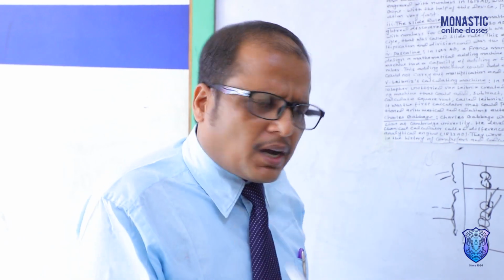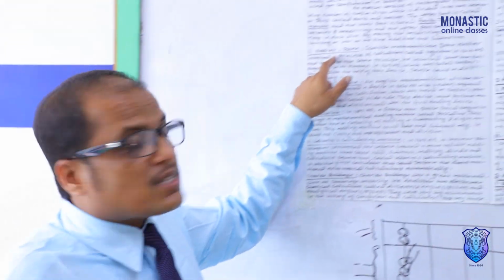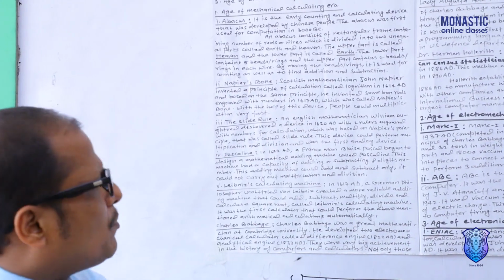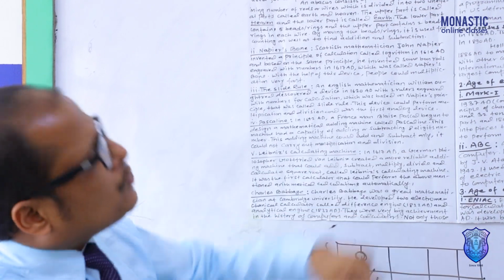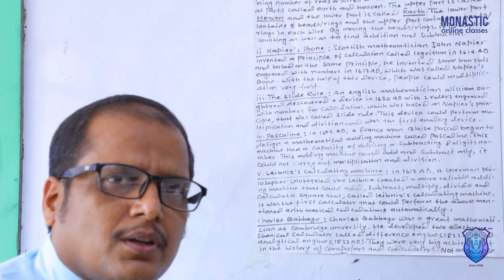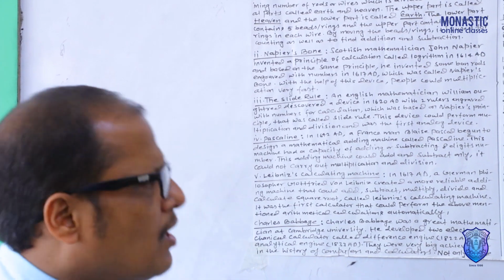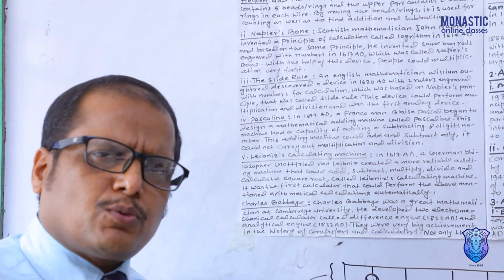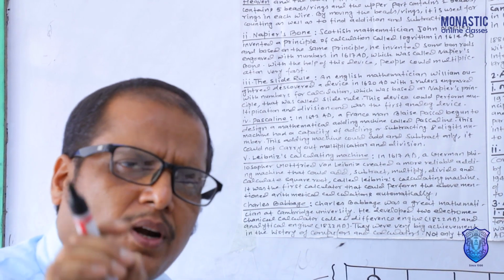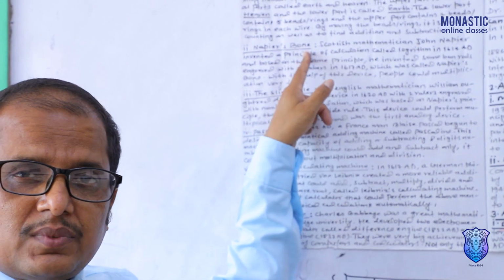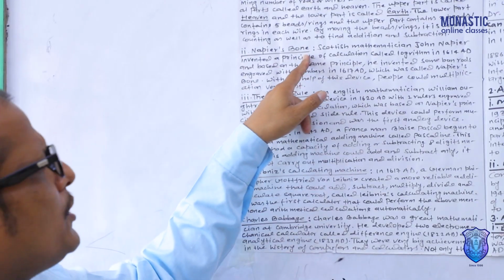This device is called Napier's bones since it was developed by John Napier. With the help of this device, people could do multiplication very fast at that time.